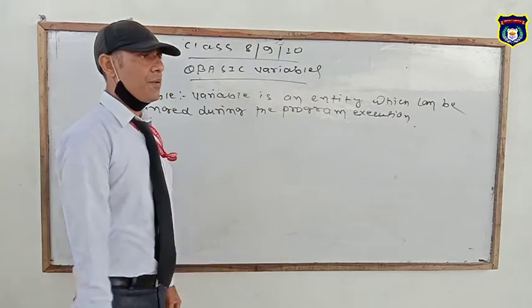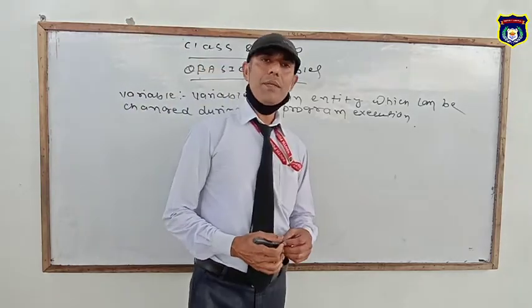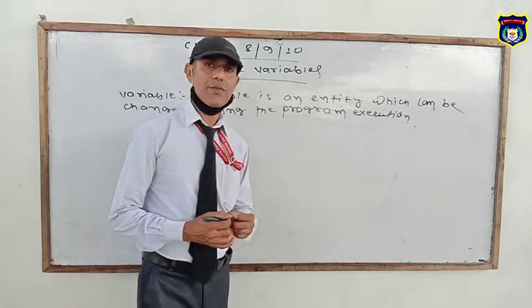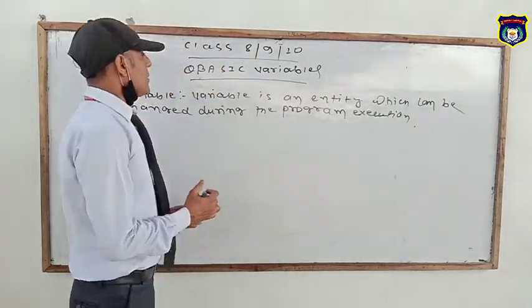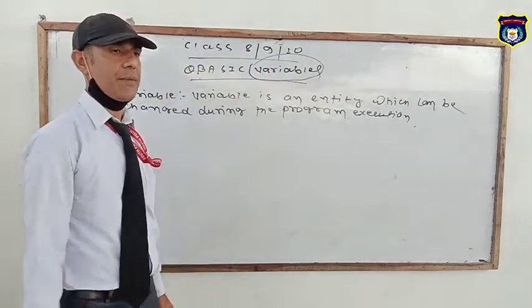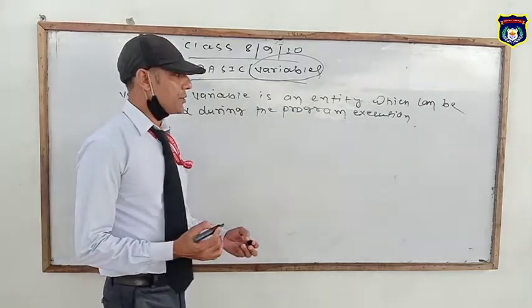Especially when you work on a programming language, first of all we must know about the QBasic elements, some of the elements which we must know to design the program. QBasic variable is one of them, the most important elements. The variable is an entity which can be changed during the program execution.